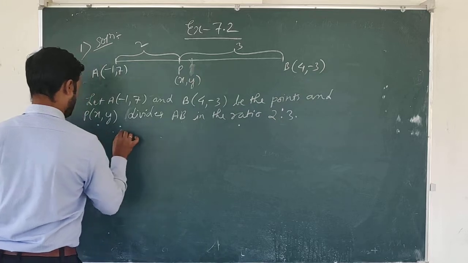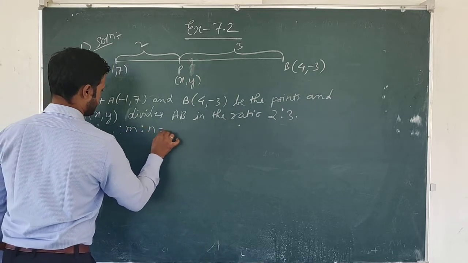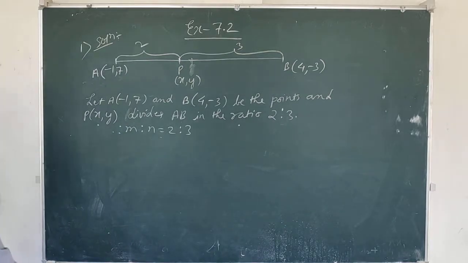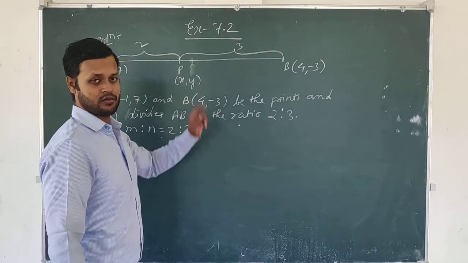Therefore, m is to n is equal to 2:3. Okay. Now we need to find out the coordinates of the point, that is x coordinate and y coordinate.